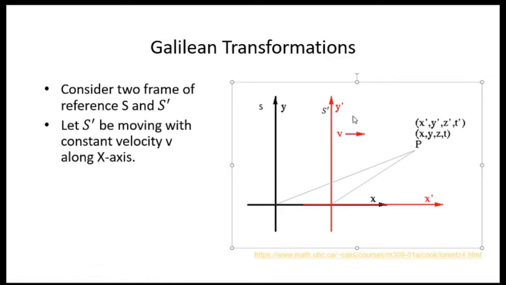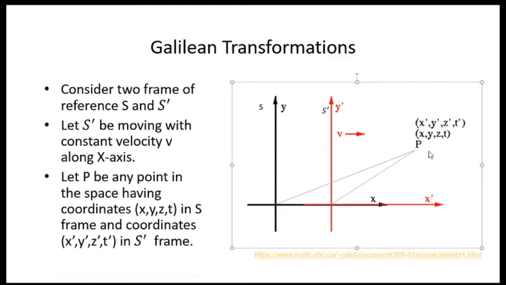Now let the frame of reference S dash be moving with a constant velocity v along the x-axis. The frame S dash is moving with a constant velocity v along the x-axis.